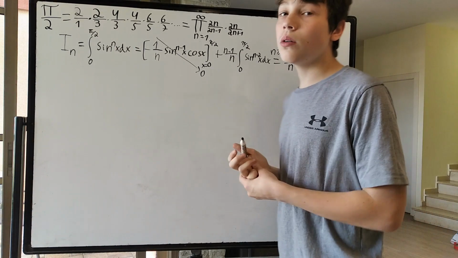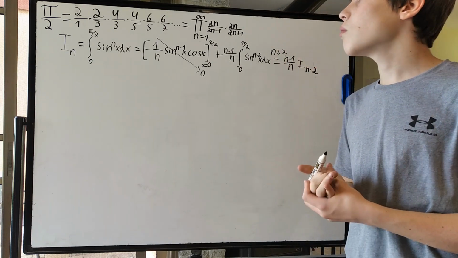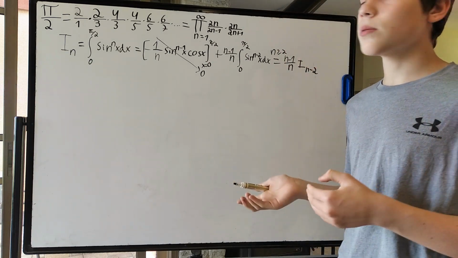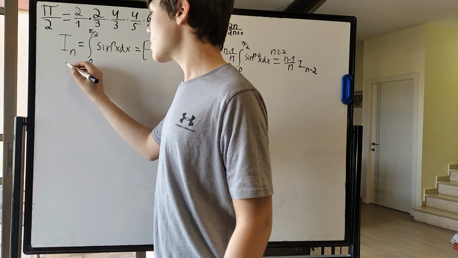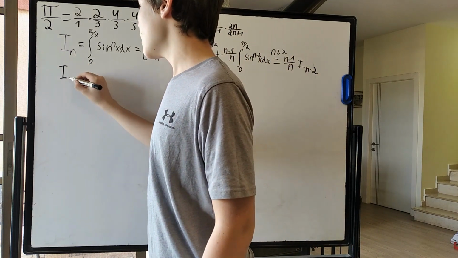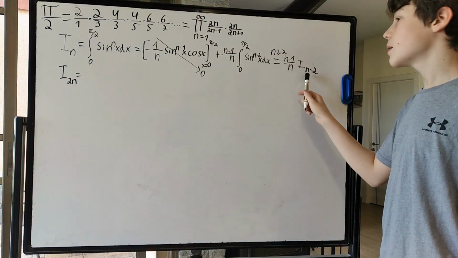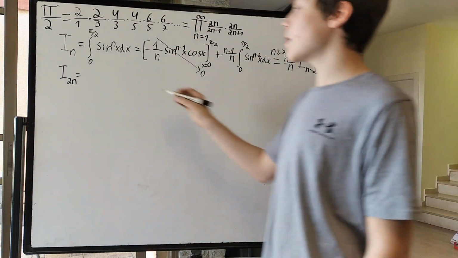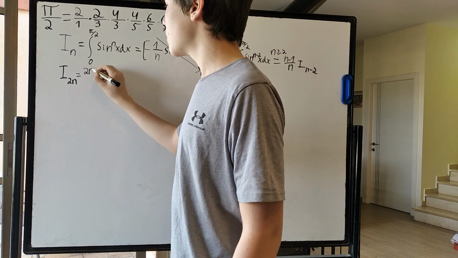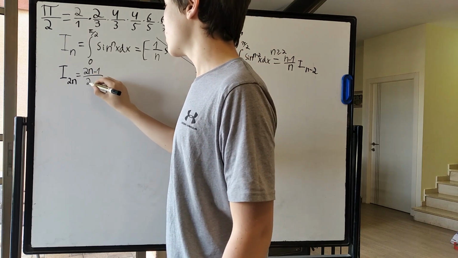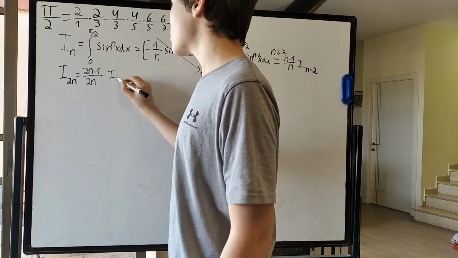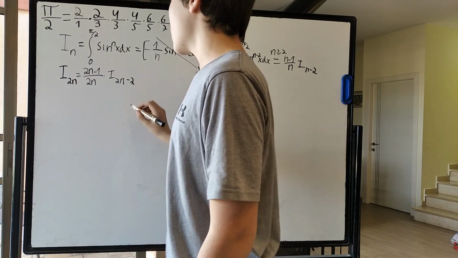Okay, now let's try to find out what is I_2n and I_2n plus 1. So I_2n, by the reduction formula, is 2n minus 1 over 2n times I_2n minus 2.